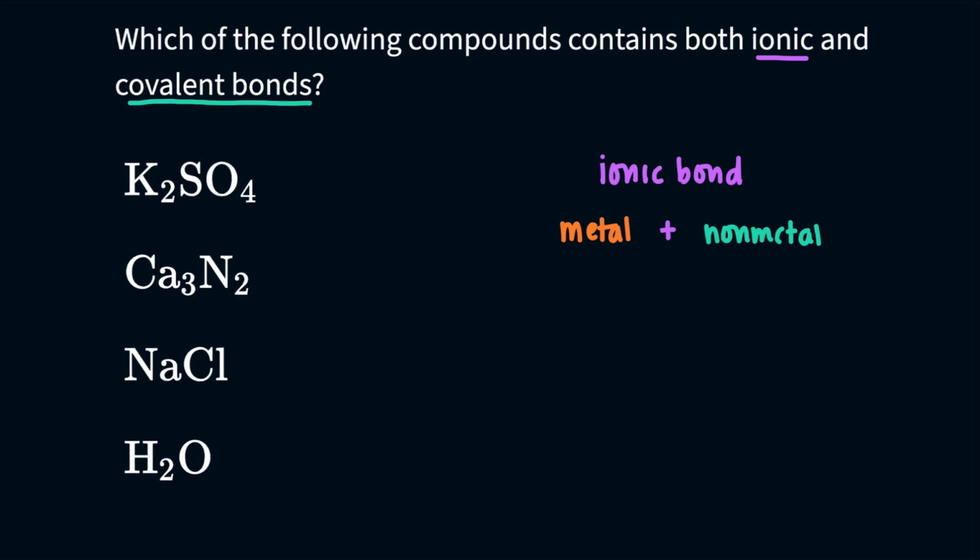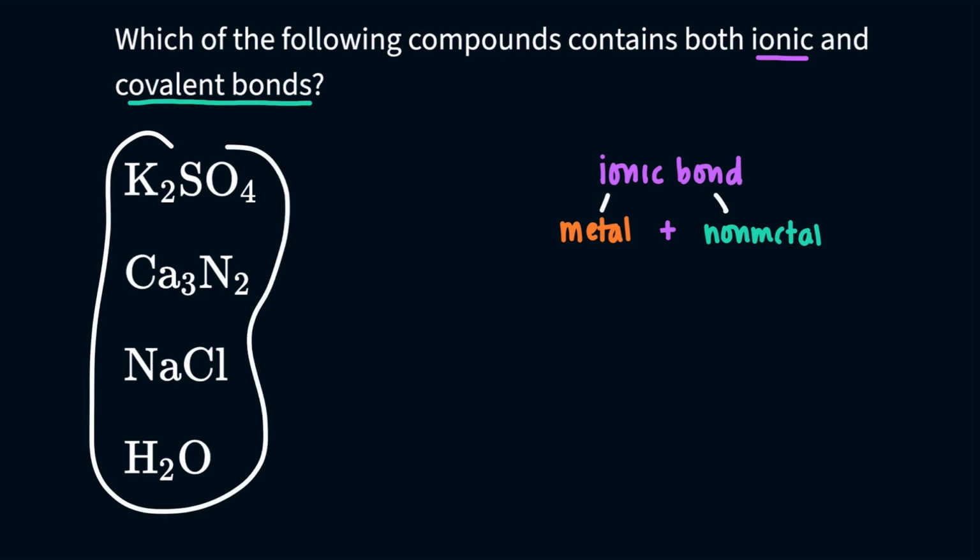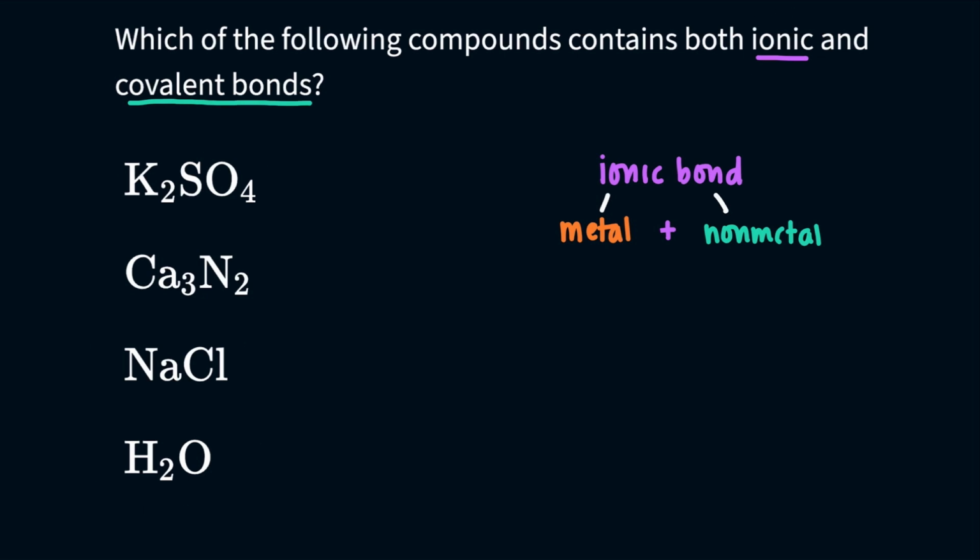Does this work 100% of the time? No, but it's pretty close. So if we have an ionic bond, we should see a metal.